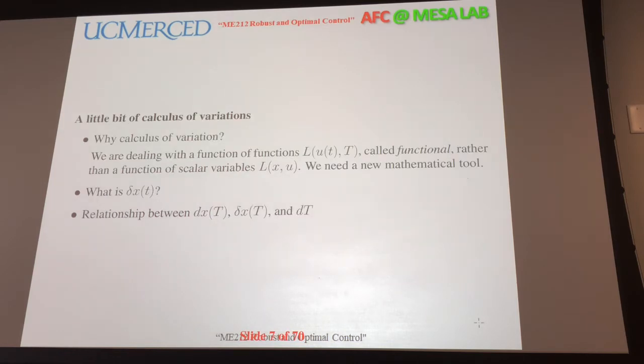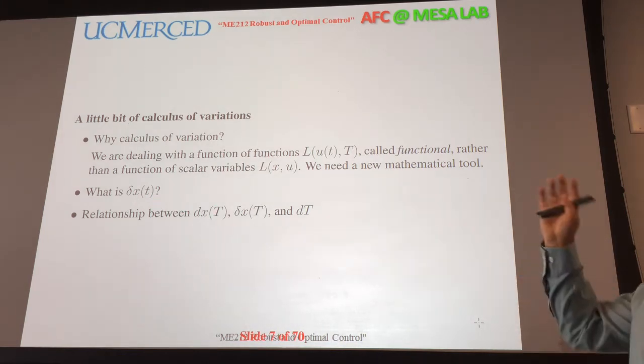To do that, we need to make a simple introduction to calculus of variation. So it's called a functional. It's not a function of scalar variables like we have seen previously. It is a new mathematical tool called calculus of variation. And we want to understand what is considered a variation of x(t).